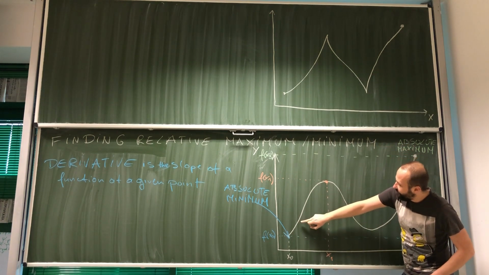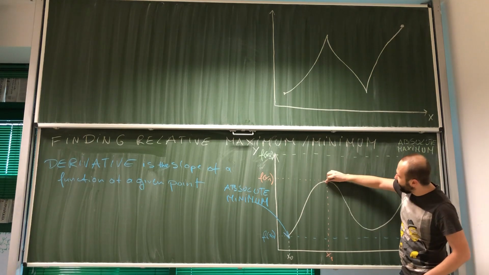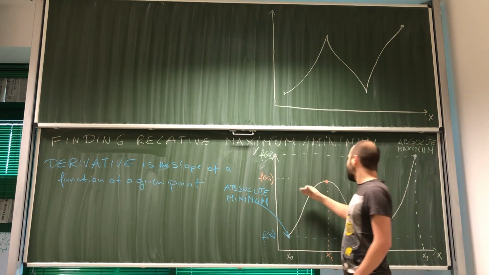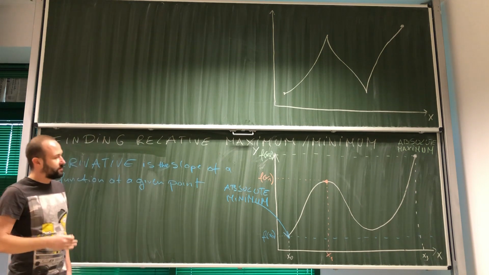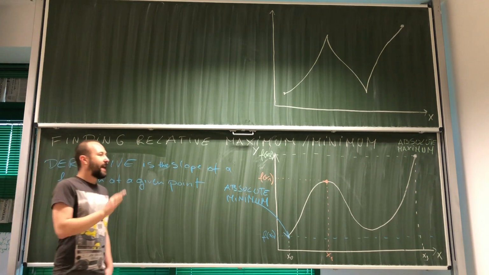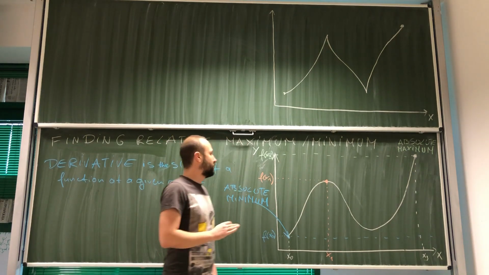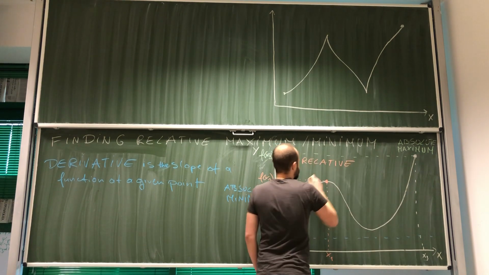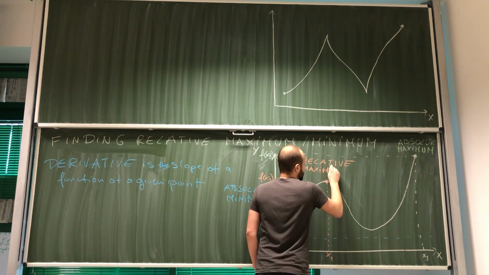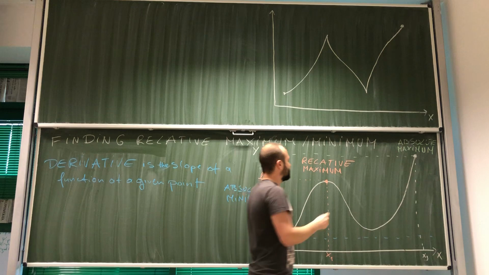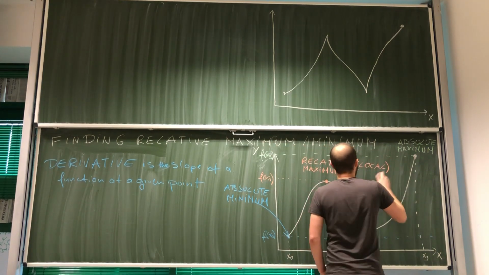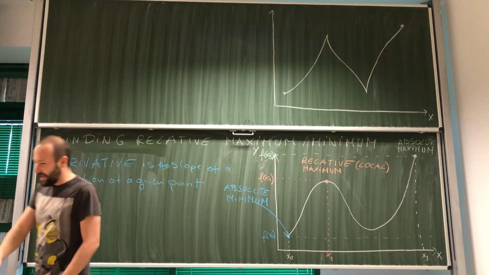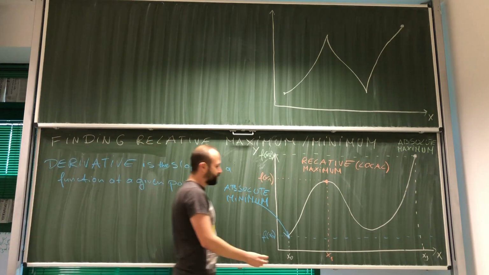The function is getting higher and higher, it reaches this point, and then it gets lower and lower. So in this neighborhood we can say that this point is a maximum. But because it's the highest point only in this neighborhood, we're going to call it a relative maximum. The other term for relative maximum is local maximum. Both names are accepted.